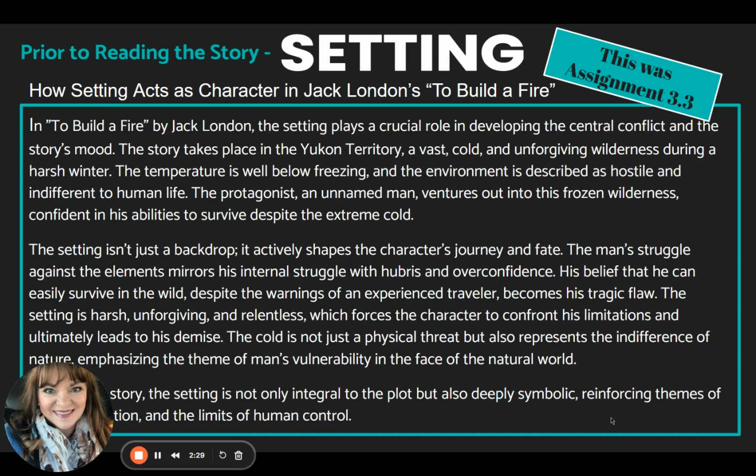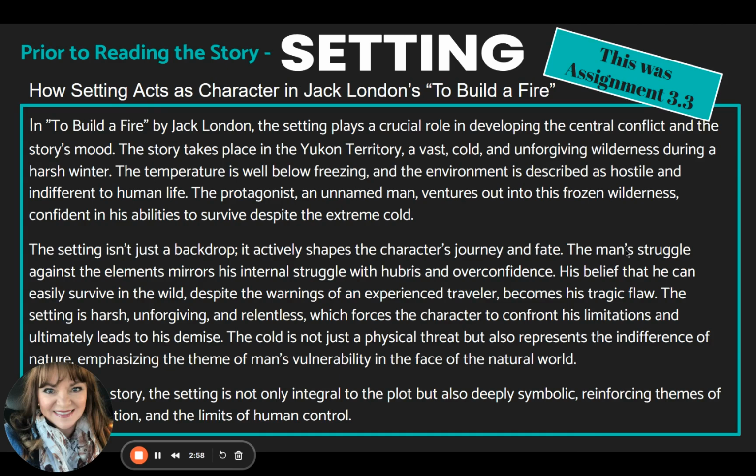There's a show called Ice Road Truckers that I absolutely love, and some of that is in the Yukon Territory. But it's just really important to know that the setting itself is a character in this story. The setting plays as big of a role as the man and the dog and anybody else that we encounter in the story. So just keep that in mind because the setting is integral for the plot and it's also very symbolic.